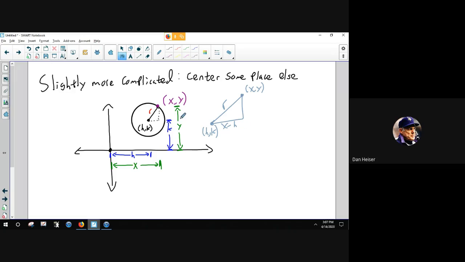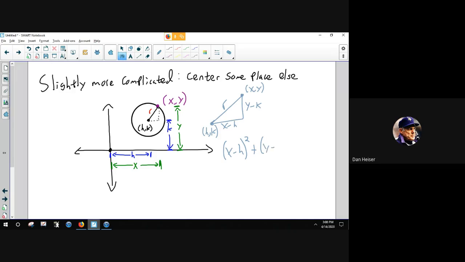I can do the same thing with this leg of the triangle. I know the whole distance is y. I know this distance is k. What's the gap? It's y subtract k. And now I have everything I need to make the Pythagorean theorem here. So it's x minus h squared.